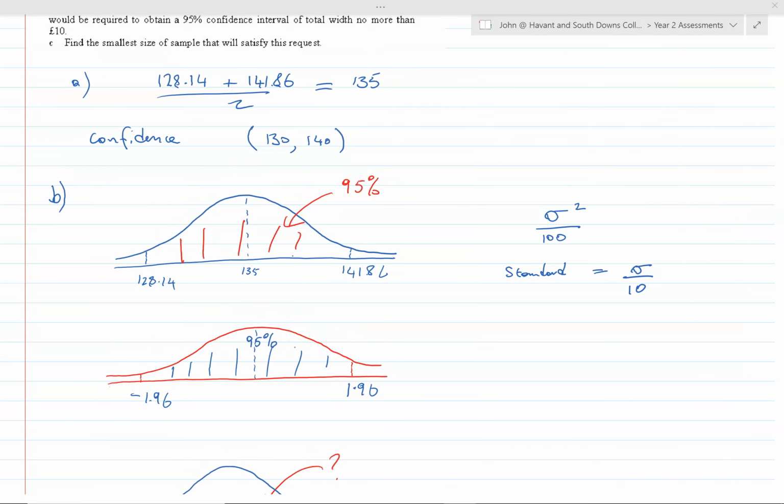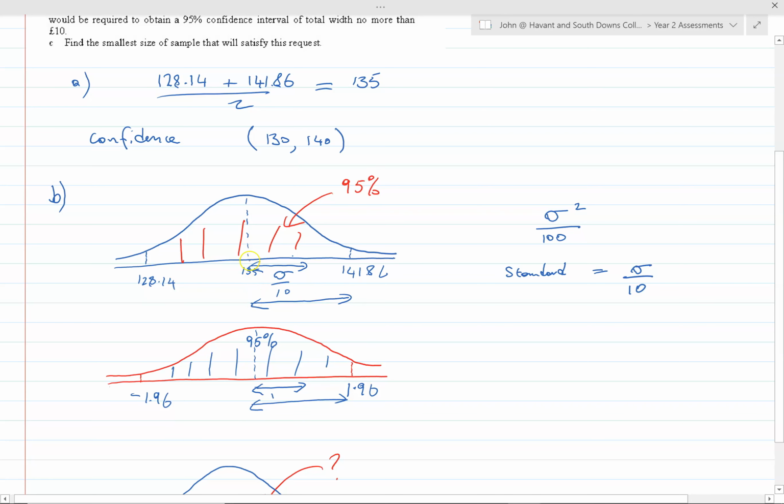Now here it's probably best not to overcomplicate this. We know that the standard deviation of the standard normal distribution is 1. So we can compare that with the standard error of this distribution, which is sigma over 10. So the distance from here to here must be scaled similarly to the standard normal distribution here. The standard deviation of a standard normal distribution is 1, but to get to 95% or 0.975, we need to go 1.96.